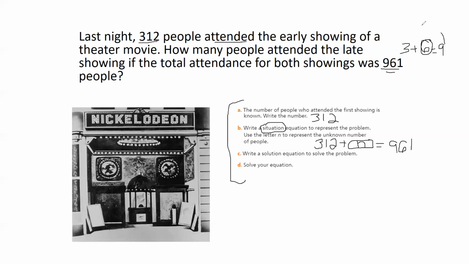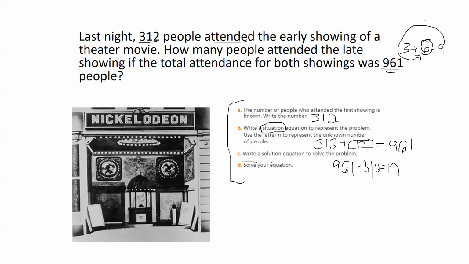So how do you go from 9 to 3 to 6? Subtraction. And be careful because order matters with subtraction. So the way that we're going to find the solution is we're going to put 961 minus 312 equals N.